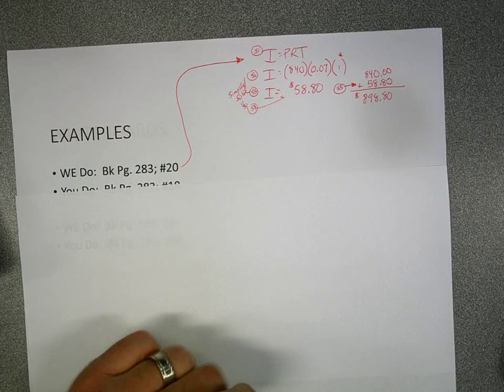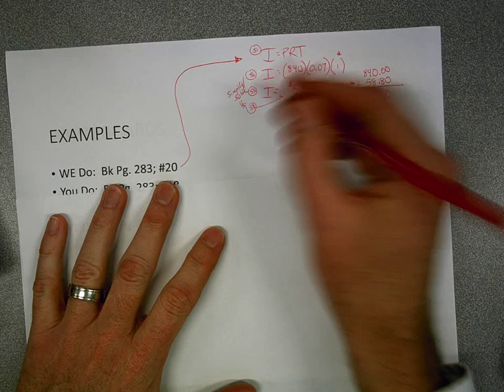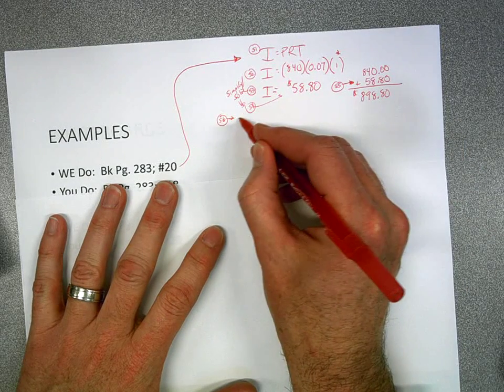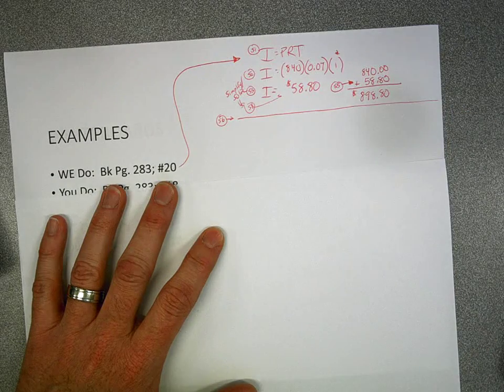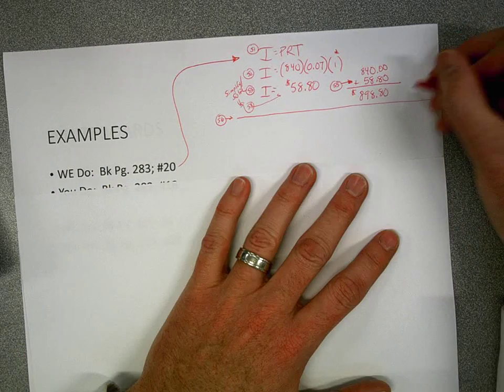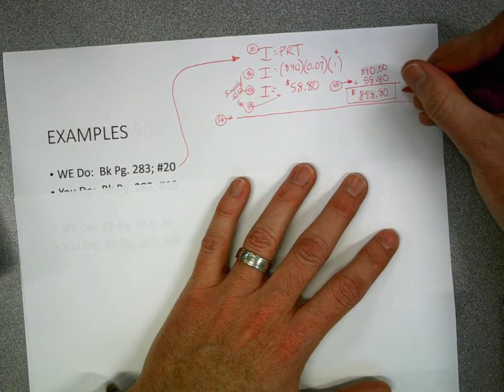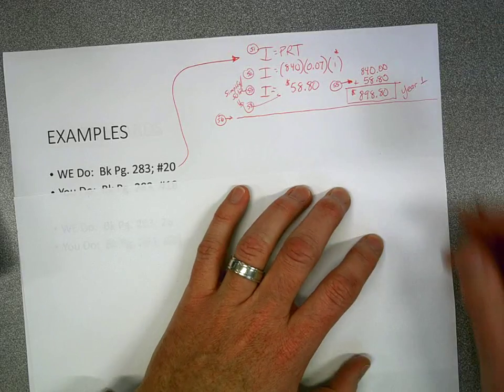Now, this next step, when you're dealing with compounded interest, is the most important step, believe it or not. Step 6: I want you to draw a line, and after boxing in your final answer, I want you to label it year 1.